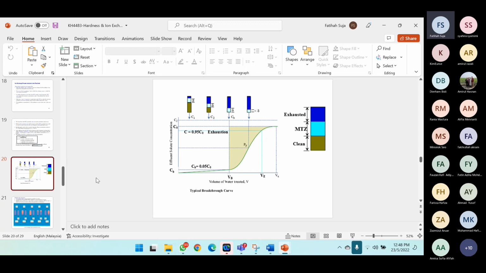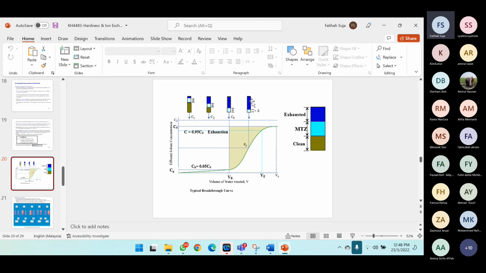And you can see here, this is the exhaustion, when 95% of the hardness in the influent is also in the effluent. The breakthrough is when you start having, and you stop at, breakthrough.